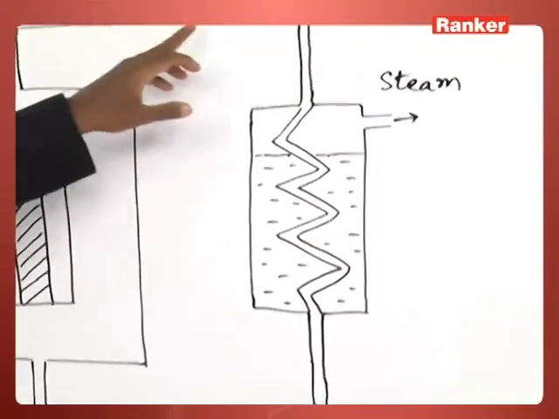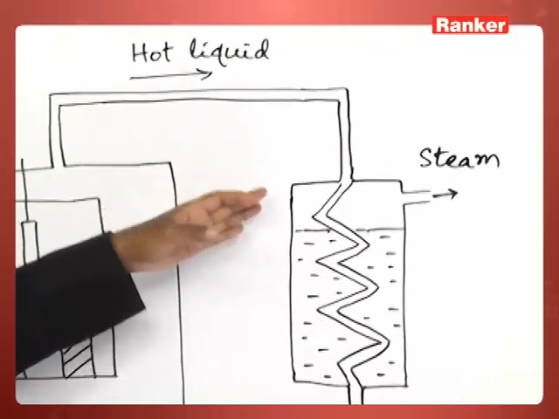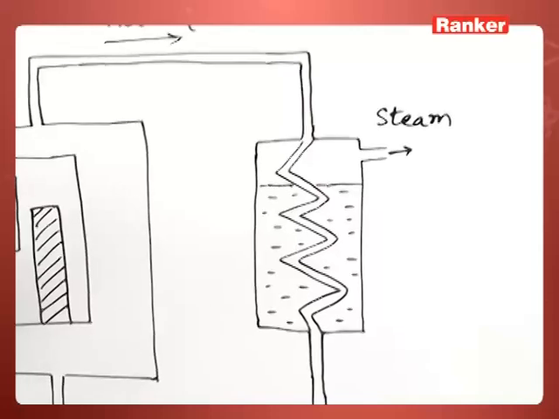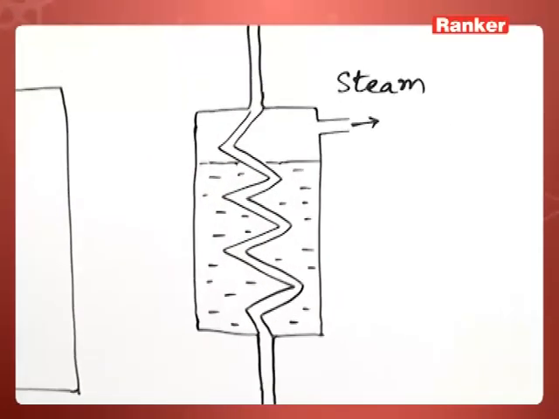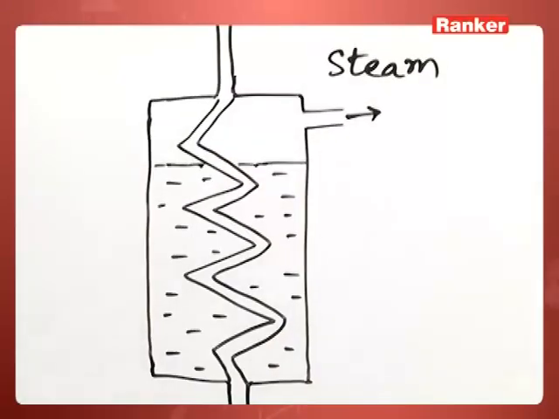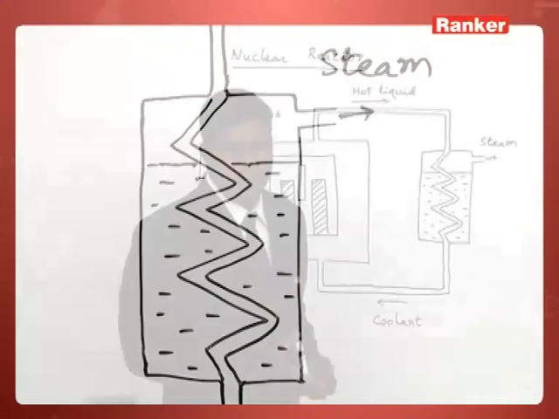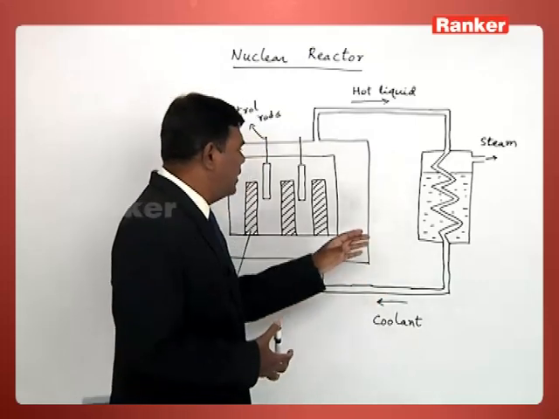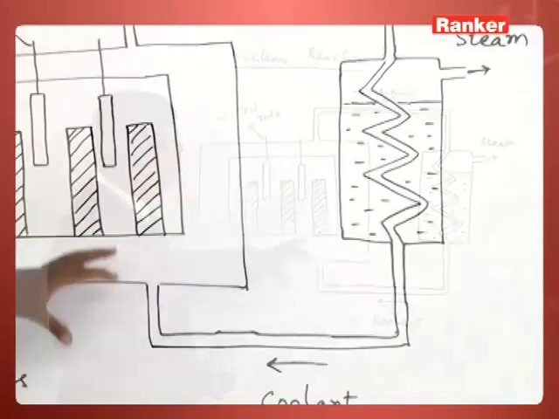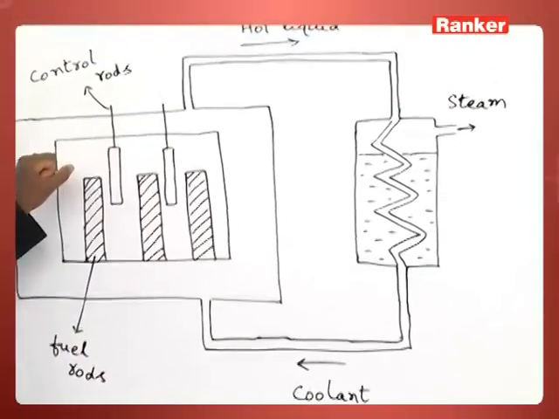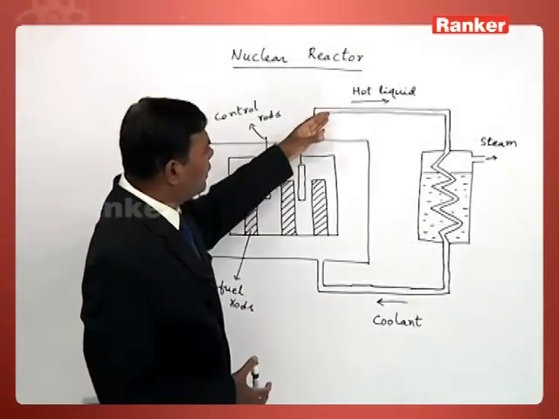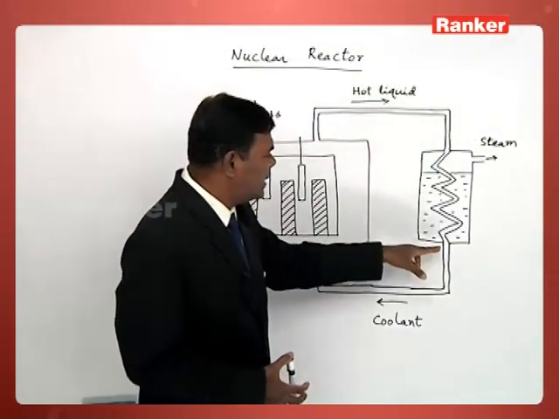Now by absorbing the heat from the hot liquid of the cooling system, the water evaporates and steam is produced, and that steam is used to run a conventional turbine, which produces electric power. So as long as the energy is released in the core, the cooling system absorbs the heat from the core of the reactor, it becomes very hot, and that hot liquid is sent into the heat exchanger.